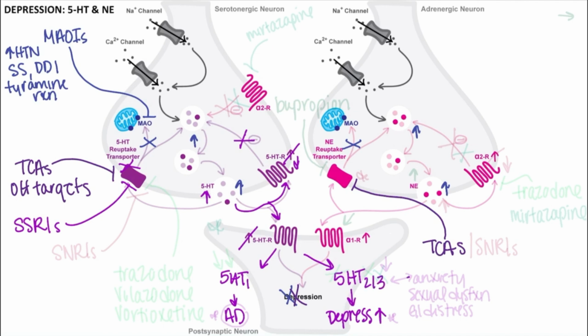And stimulation of these receptors is also responsible for promoting anxiety, sexual dysfunction, as well as GI distress, which we will revisit ADRs in just a second. But keeping in mind these antidepressant and depressant serotonin receptor subtypes, SSRI treatment will also lead to downregulation of those receptors that promote depression, like HT2 and 3 subtypes.